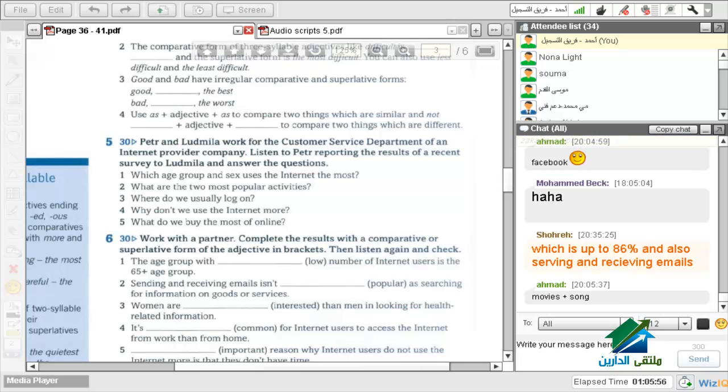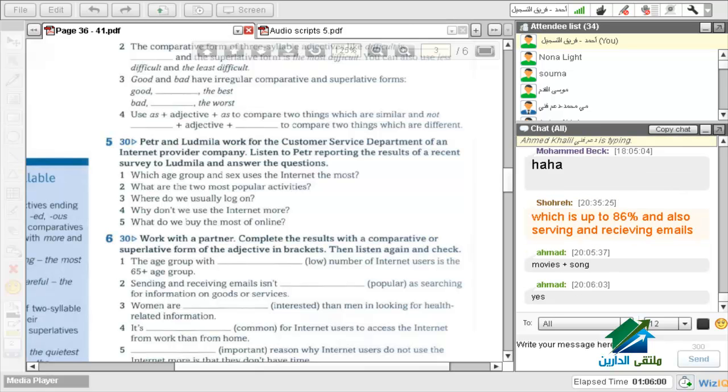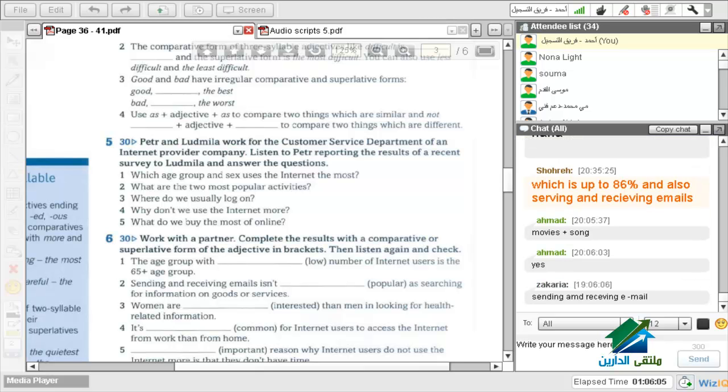Right? So searching for information and sending mails, the two most popular activities. Like Ahmed said now, movies and songs and Facebook, I will tell you frankly, in the Arab world.